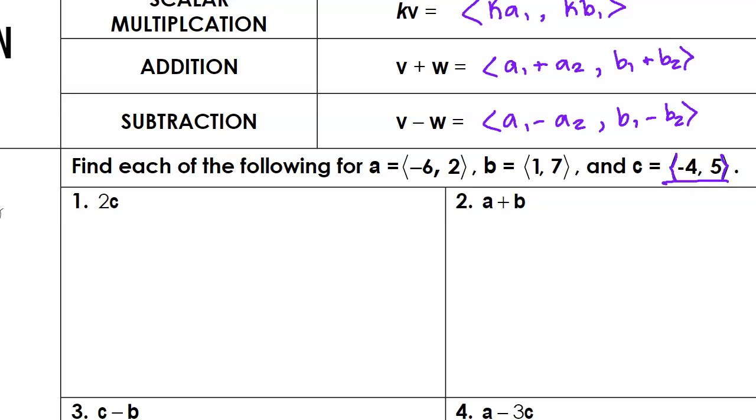Meaning each one of these vectors we can think of as starting at 0 and going to the point they have here. So what I'm going to do first is rewrite the vector in its component form. So c is replaced by -4, 5. And then you just read that 2 in, and it becomes -8, 10. And you're done. You have multiplied vectors.